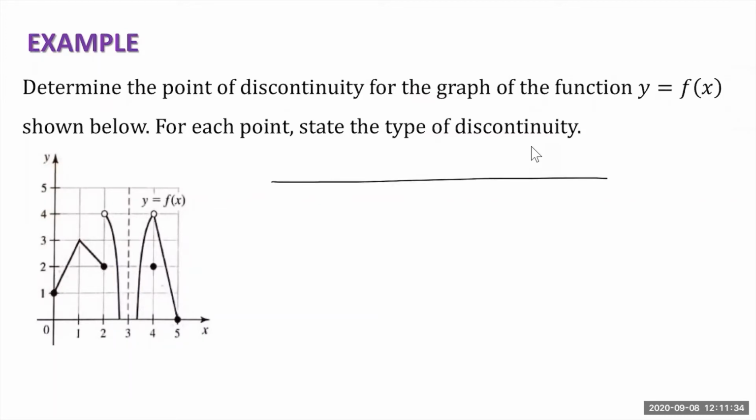We are looking for the discontinuity point, where it is discontinuous. I'm going to call it discontinuity point. And also, by looking at the graph, you also need to tell what type of discontinuity that is. So type of discontinuity.